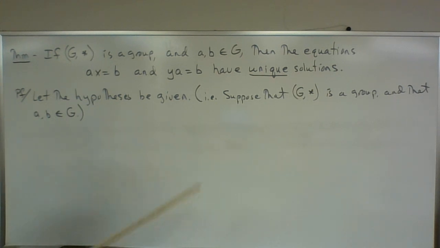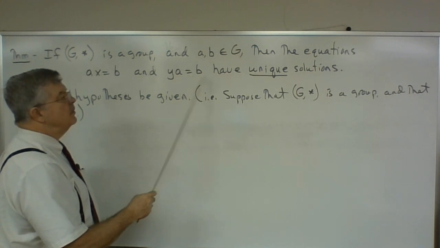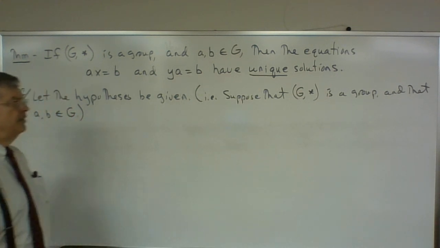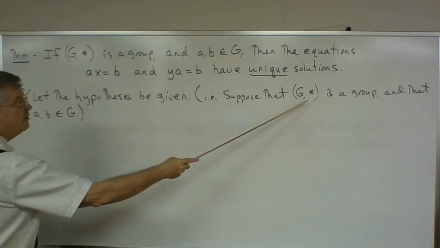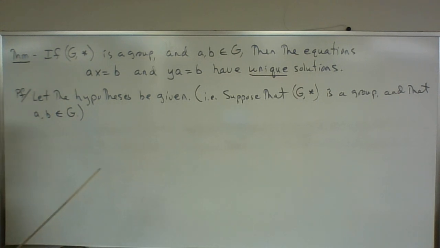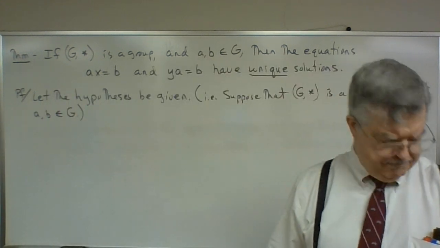And the emphasis here is on the word unique. They have one and only one solution in the group G. So we'll let the hypothesis be given. Suppose that G is a group with binary operator star, and that A and B are elements in group G.